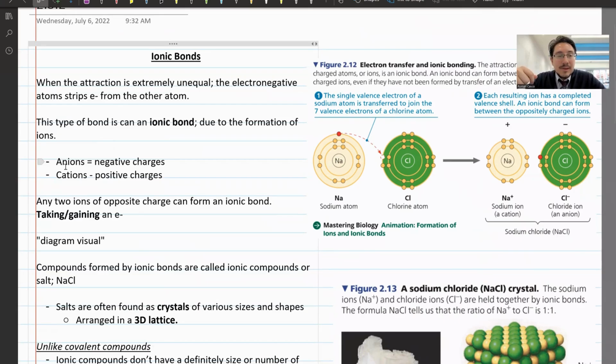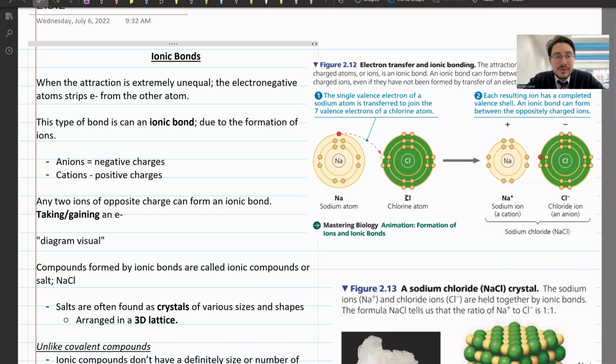Any ion that has gained an electron will have a net negative charge, and it's referred to as an anion, right? Any atom that has lost an electron would have a net positive charge, because you have more protons than electrons, and you would have a cation.